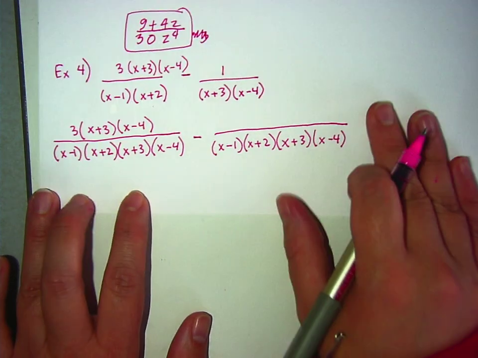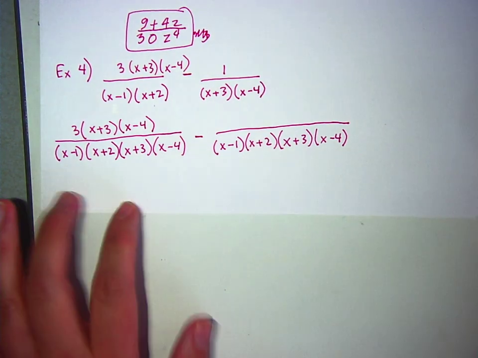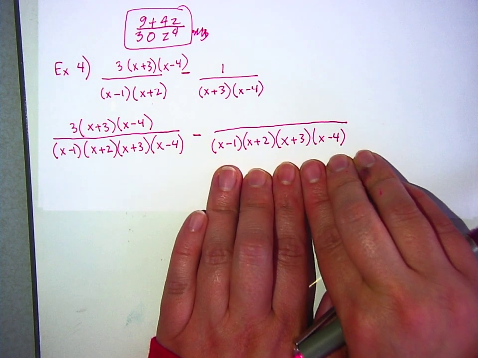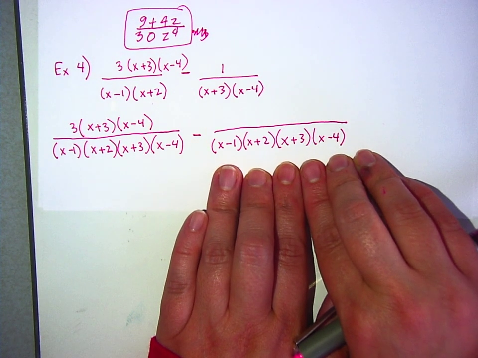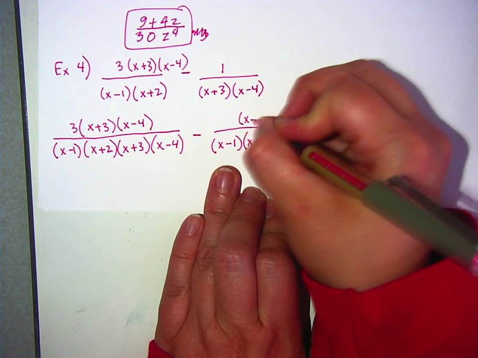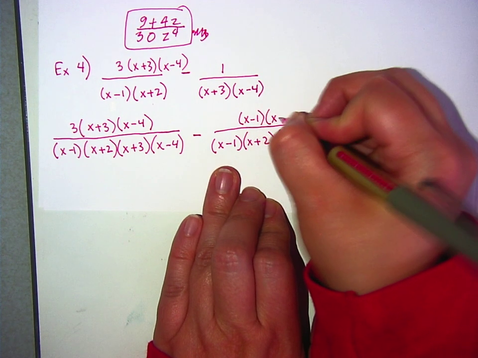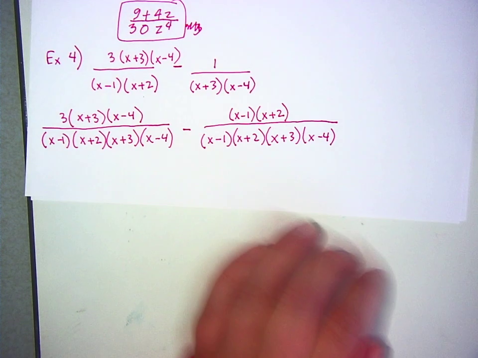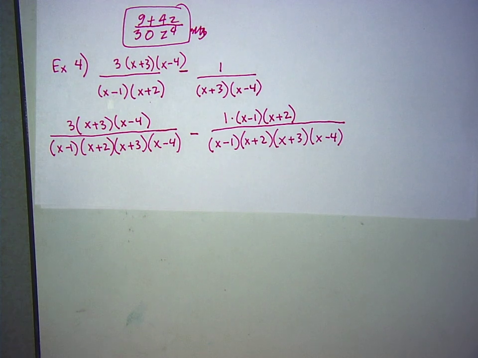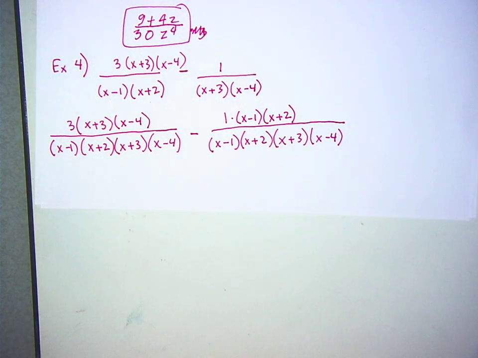This is just really nasty fractions. This side, what does this side already have? It already has that x plus 3 and x minus 4, so it needs the x minus 1 and the x plus 2. I guess times 1 because there was 1 already there.